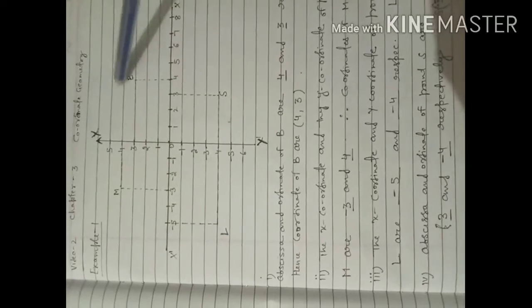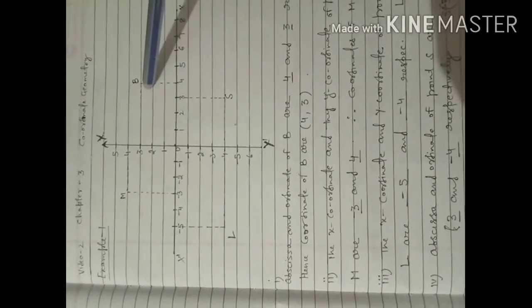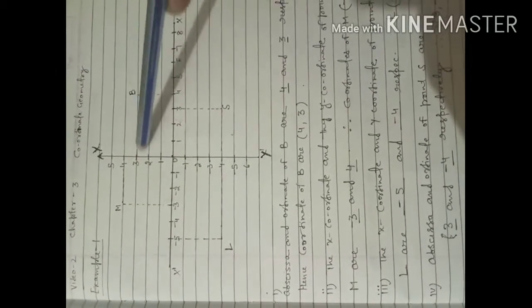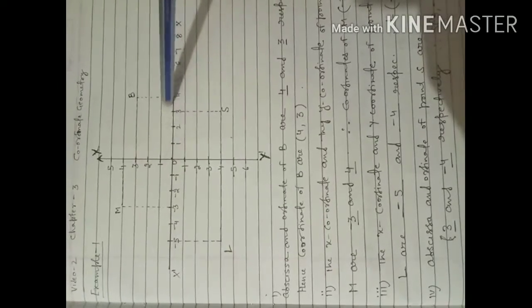Abscissa and ordinate of B. Now this is your B, and I have told you in video 1 that abscissa is the perpendicular distance of a point from the y-axis. So this is the perpendicular distance from the y-axis, which is equal to 4 units.